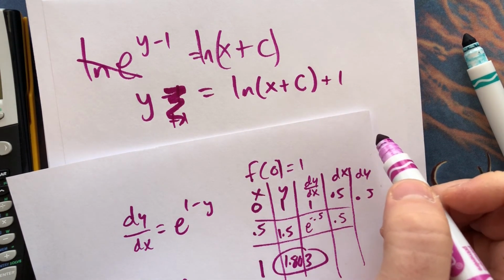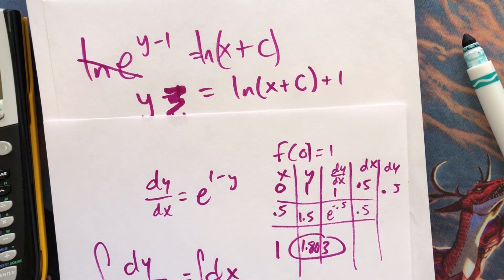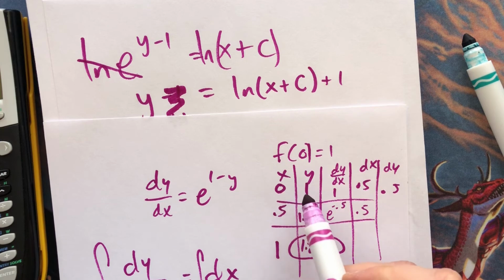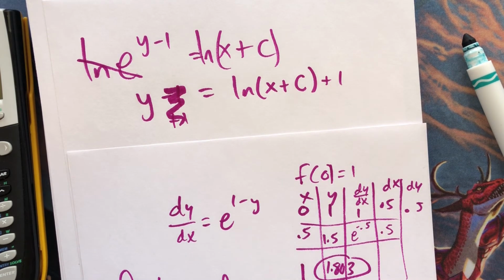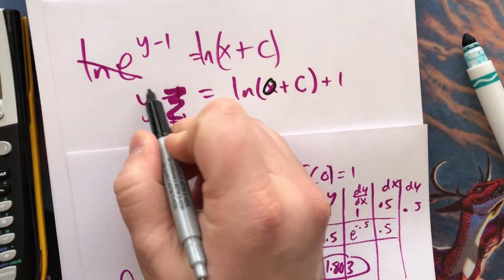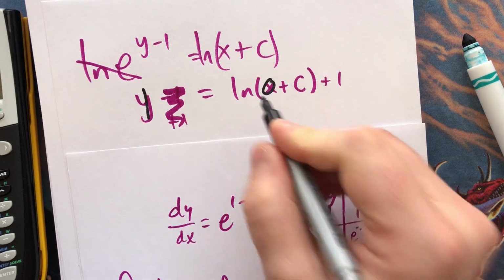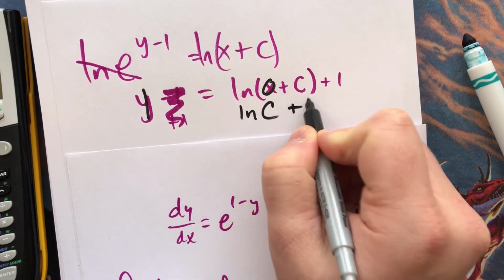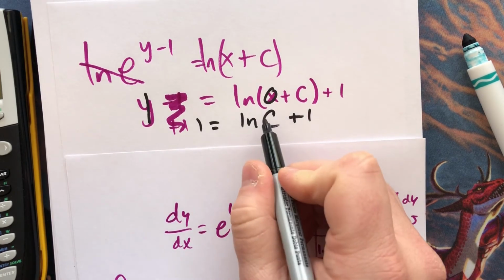So I got y is equal to ln of x plus c plus 1, and what's our initial condition? 0, 1. So when x is 0, y is 1. So ln of c plus 1 is equal to 1.